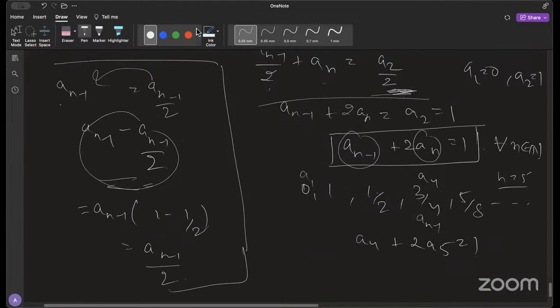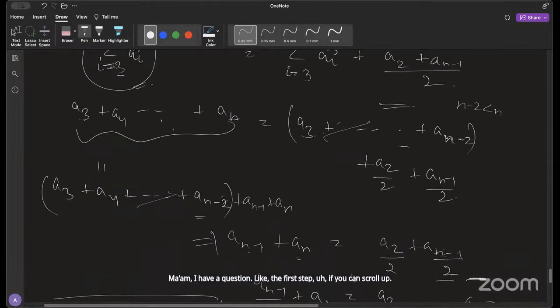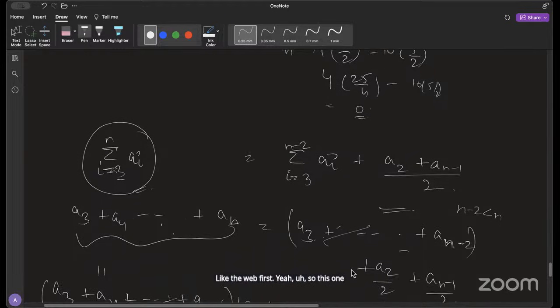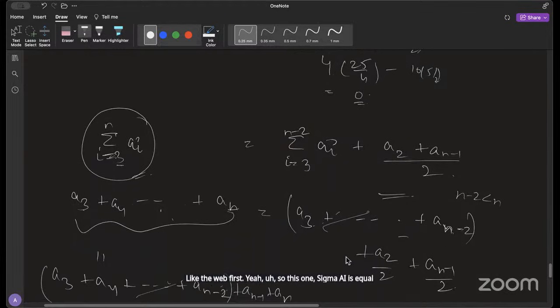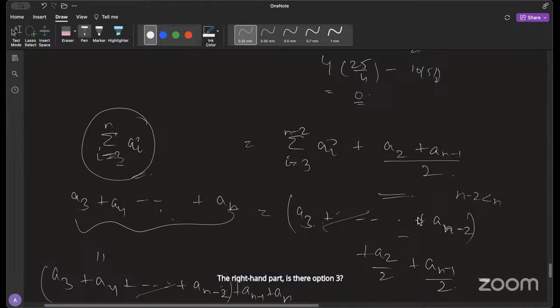Ma'am, I have a question. The very first step, if you can scroll up. Sigma ai is equal to, how did we get this one, the right hand part? Is that option 3? This is one of the options.